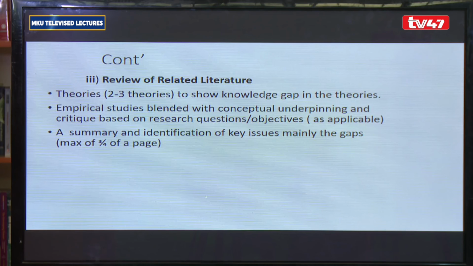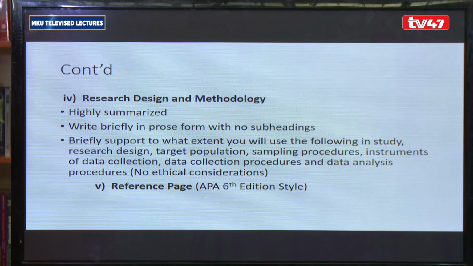When we talk about theories, a researcher should be able to show the knowledge gap in the theories. And they should be able to review empirical studies. These empirical studies are studies that have been done by other researchers like yourself. And of course, we need to be able to identify the key issues that need to be addressed.